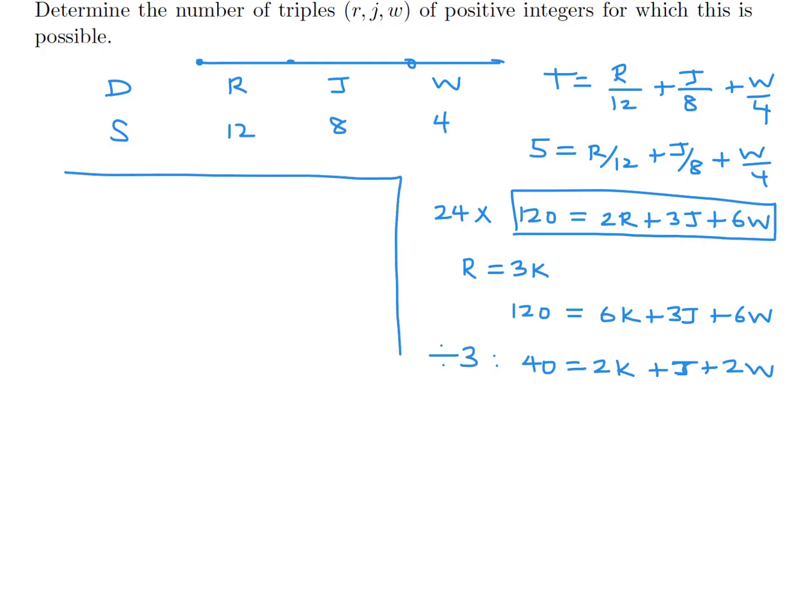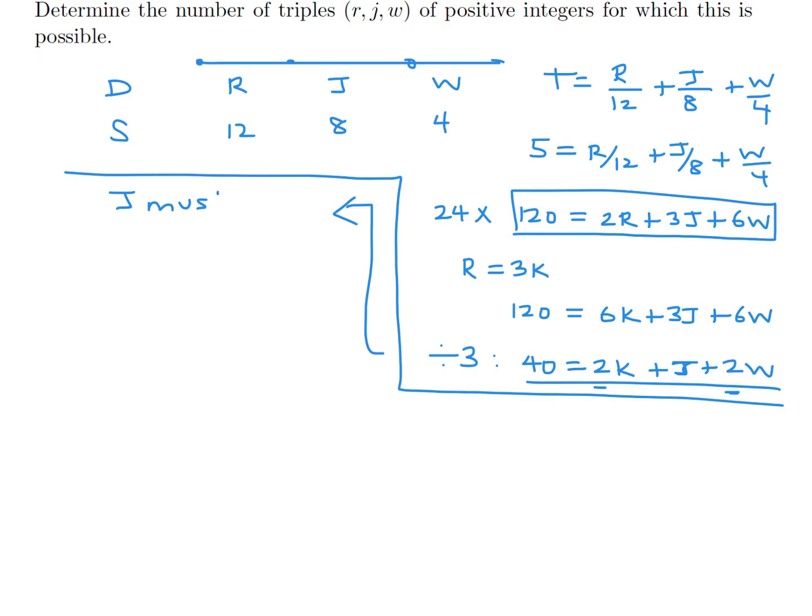All right, so now let's see what we can do. Since the 40 is an even number, and the 2 is an even number, and this other 2 is an even number, that means that J must be even in order for all this to work. Otherwise, there's no way you'd get 40 on the other side. So if J is even, then J is of the form 2M.